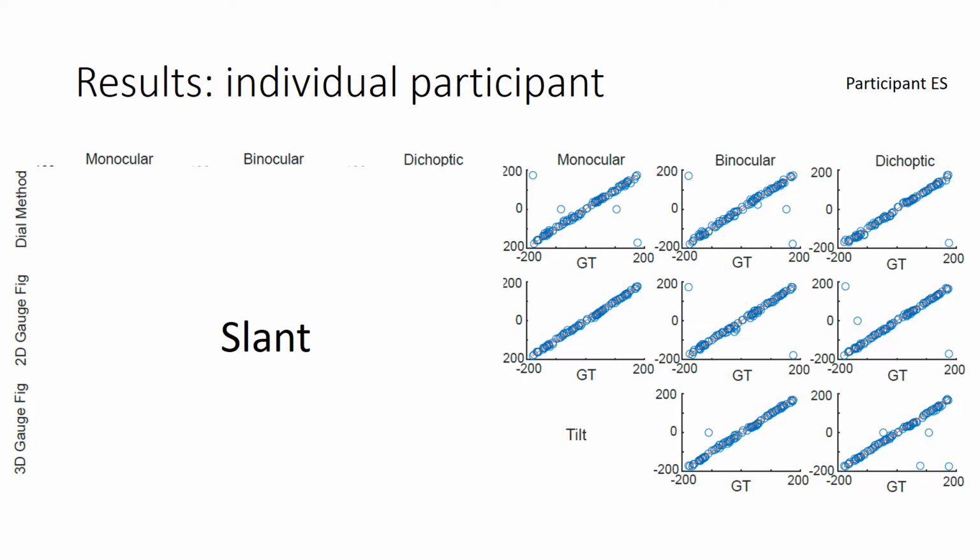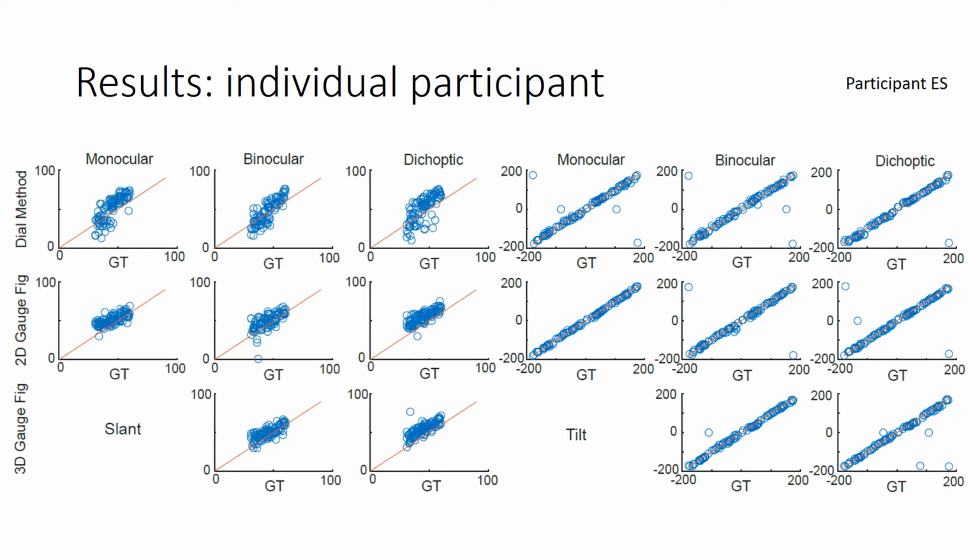As you can tell, this observer is almost perfect on his response to tilt. Most participants had a similar pattern with this participant. However, when it comes to slant, the slant responses varied across different conditions. We will analyze this further.